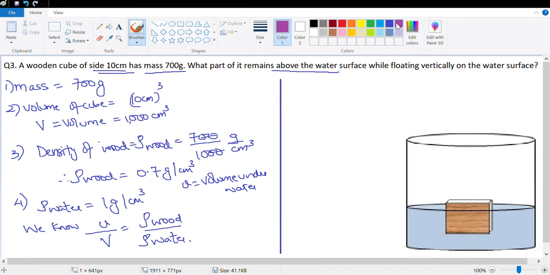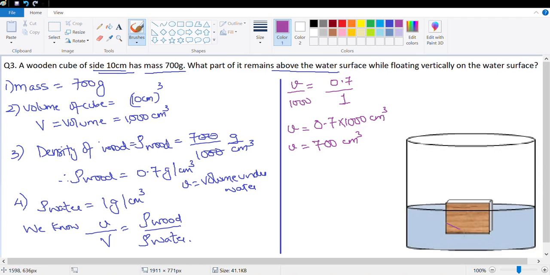What we get is small v, we don't know, upon capital V, which is 1000, is equal to density of wood, which is 0.7, upon density of water, which is 1, which means small v is equal to 0.7 into 1000 centimeter cube. So small v is equal to 700 centimeter cube.